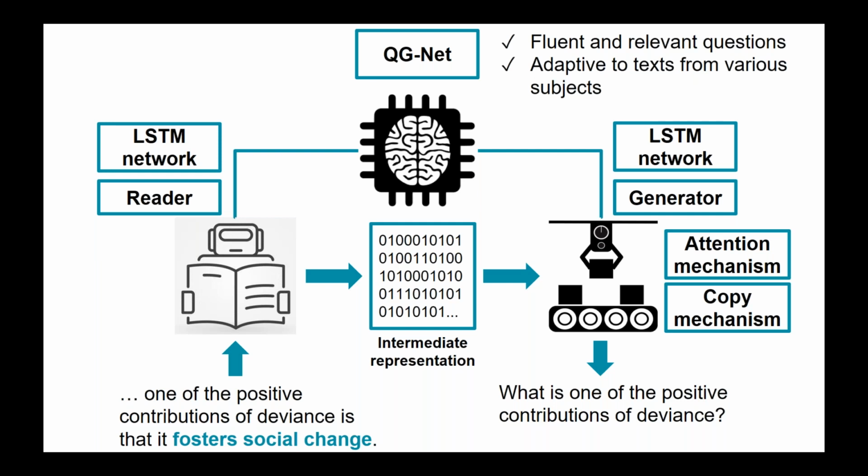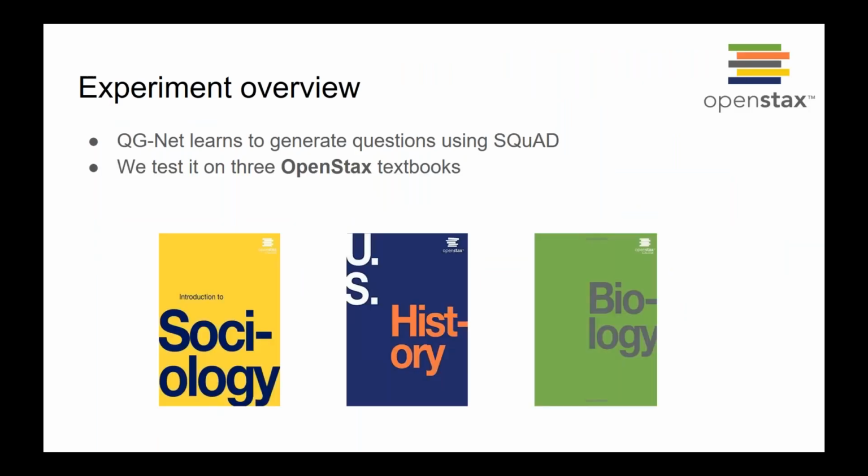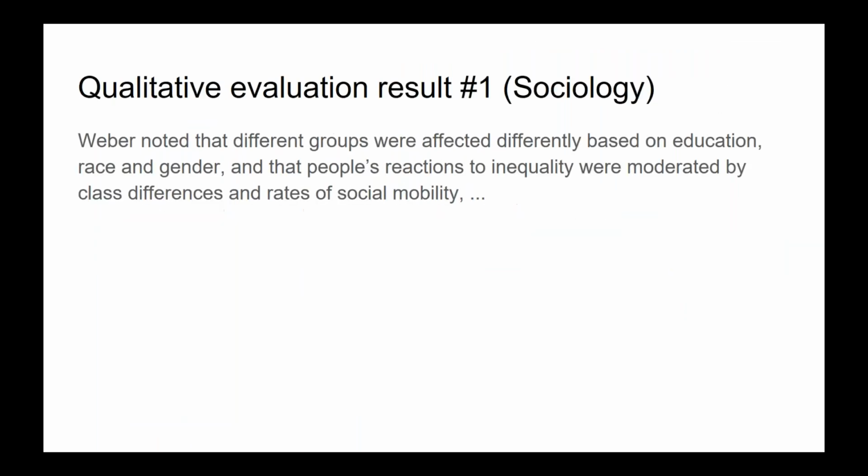Some citations. I claim the model can generate questions that are fluent and relevant, and it also adapts to different text. Let me quickly go to some generated examples. I'll skip the experiments. Here's an input sentence from sociology.